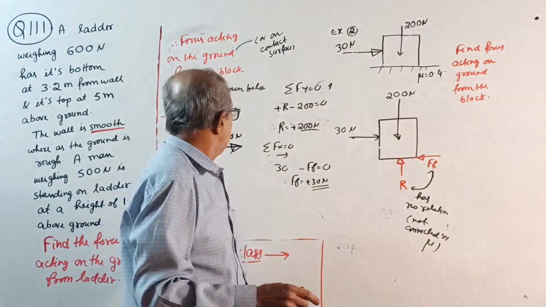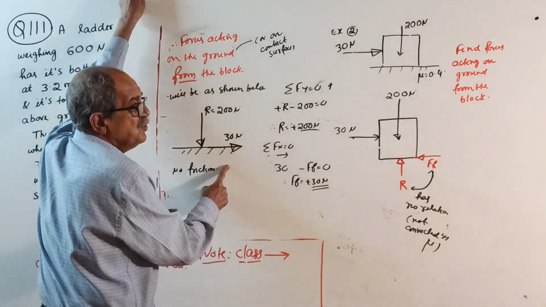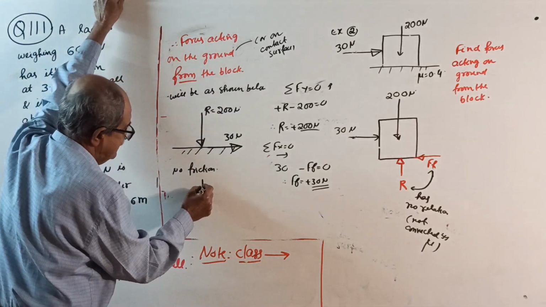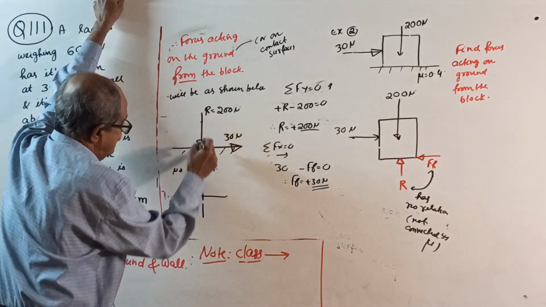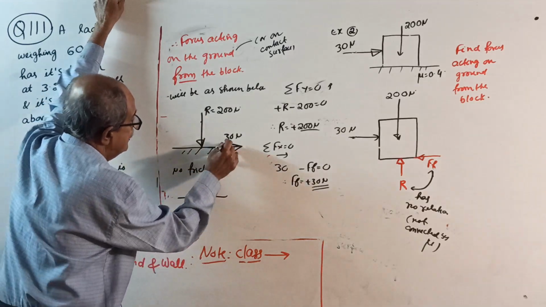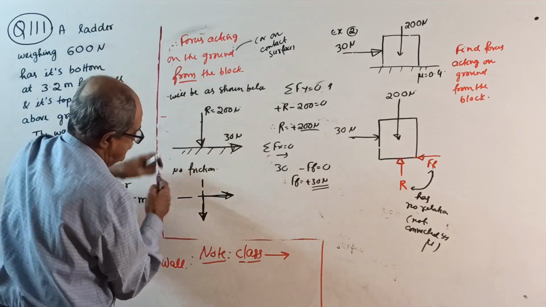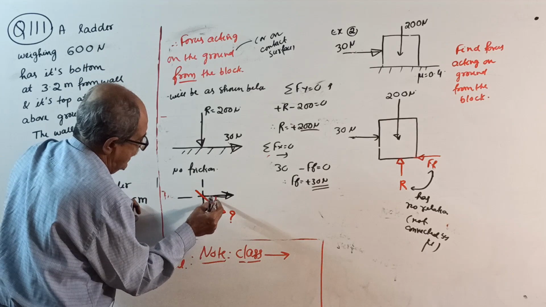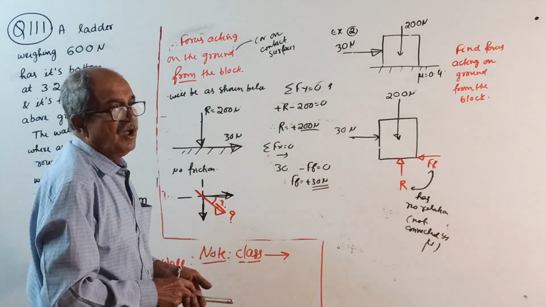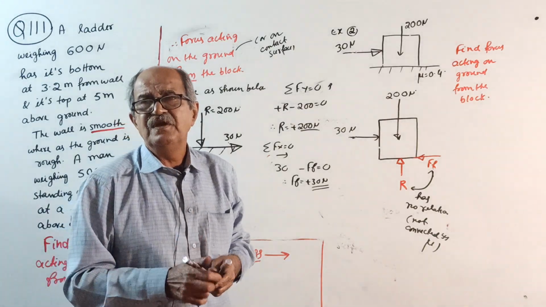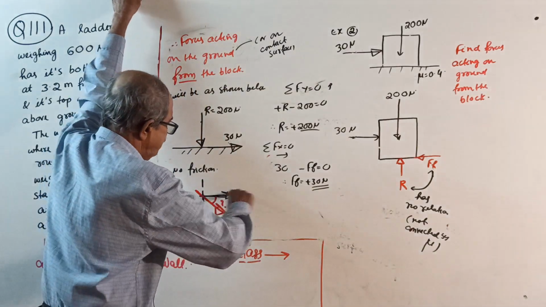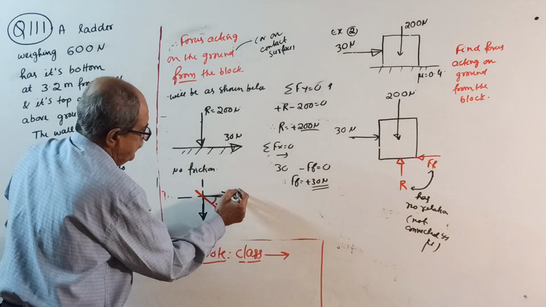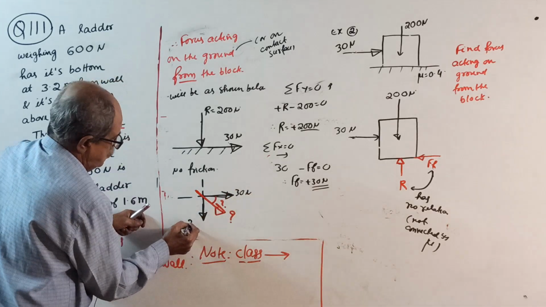Now, one minute. By chance, if they ask you what is the resultant reaction, you do one thing. Find it and find the angle. If you cannot do it, do not continue my class. Two forces are here: 30 this way, and 200 Newton this way.